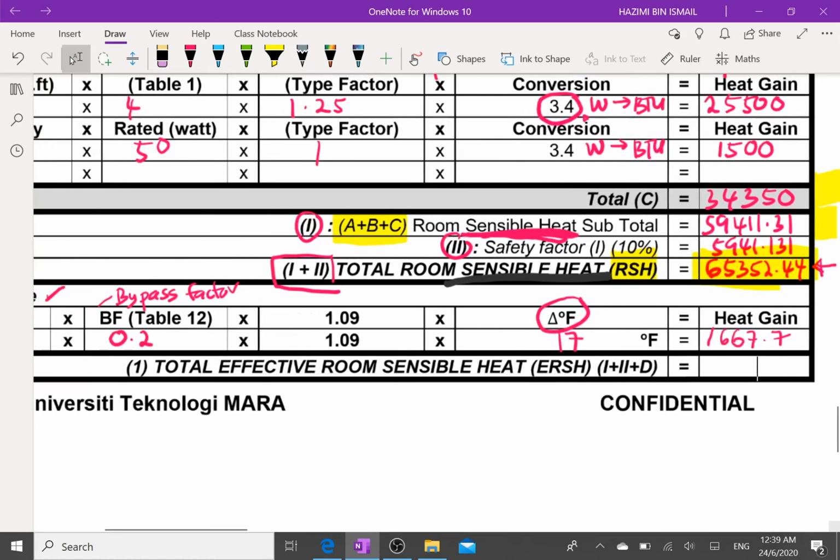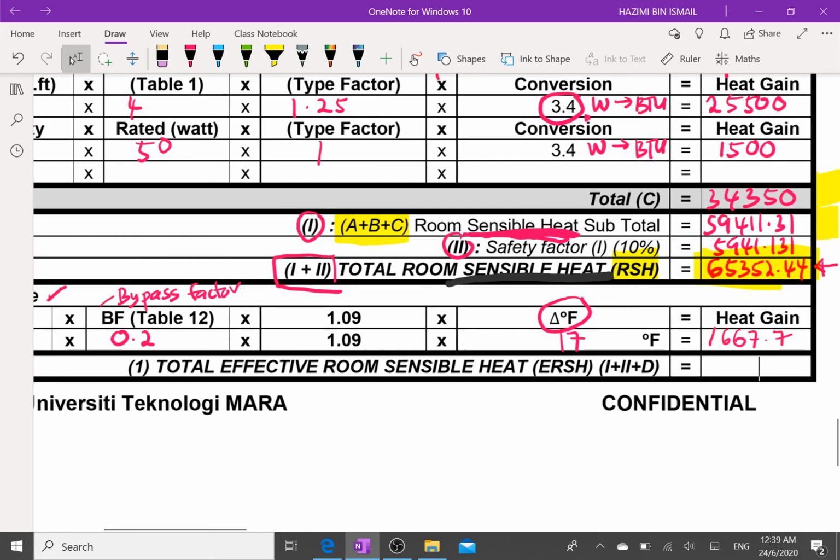Okay, so to get the total effective room sensible heat, or ERSH, we have to sum the value of this one with this one.